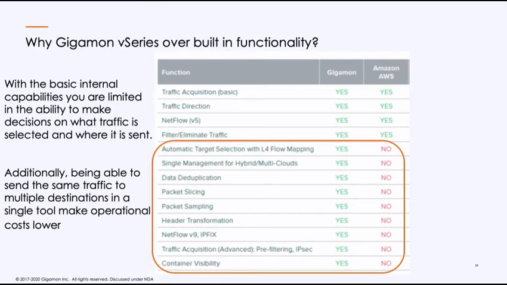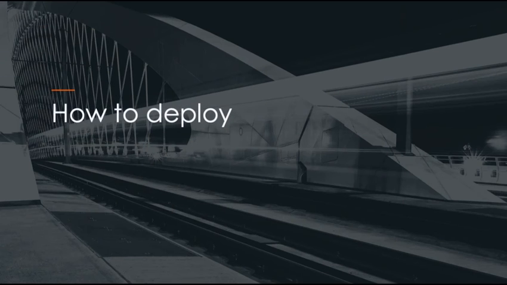So if I can reduce the amount of data that's hitting the tools to more relevant, precise data, then I get more value out of what I'm looking for. So things like data deduplication, doing things like slicing and masking for compliance reasons. And then, of course, gaining that visibility. I didn't talk about it, but gaining visibility as you move into things like containers also becomes part of the capabilities within the service. So why don't we go ahead and get started?